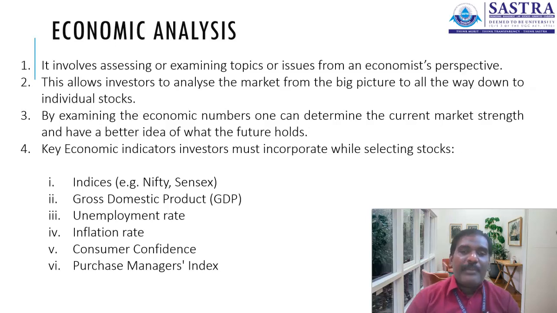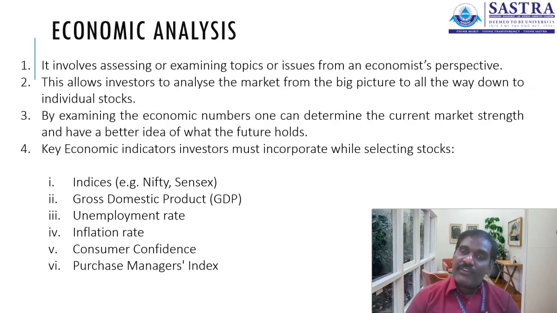And the key economic indicators that investors must incorporate while selecting stocks are factors like indexes. You know that an index is a measure of the economy. Like you know, the stock exchange is a secondary market, whereas in the primary market the securities are issued or floated in different ways.